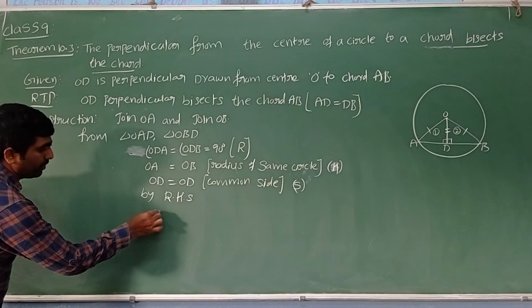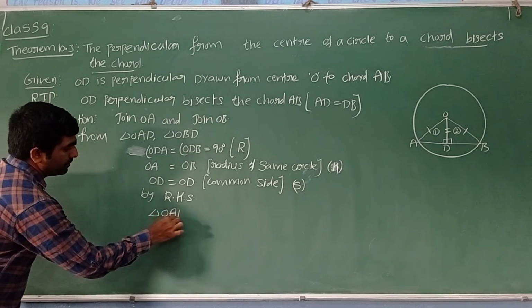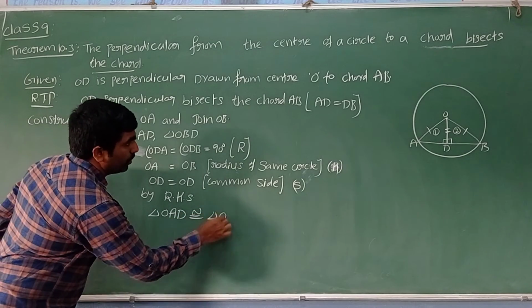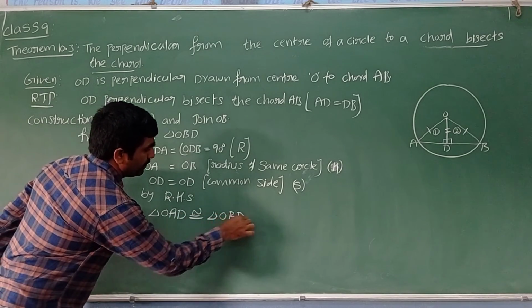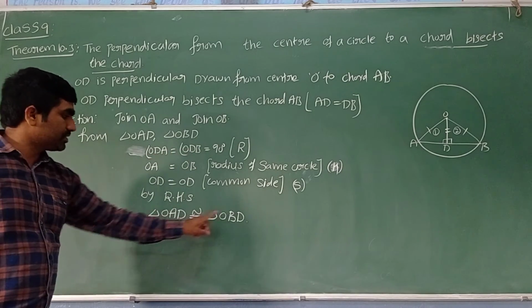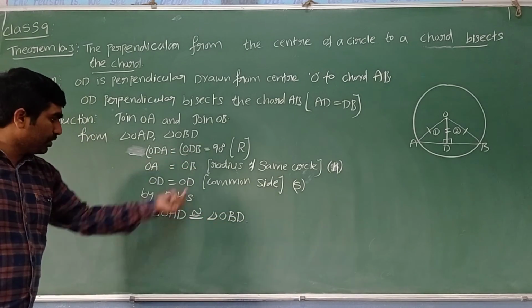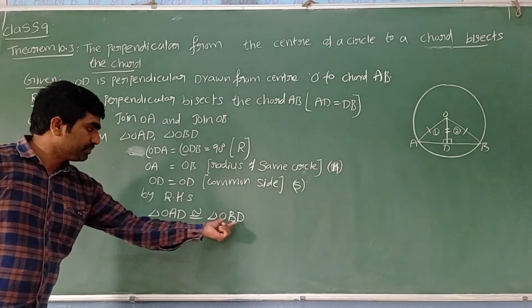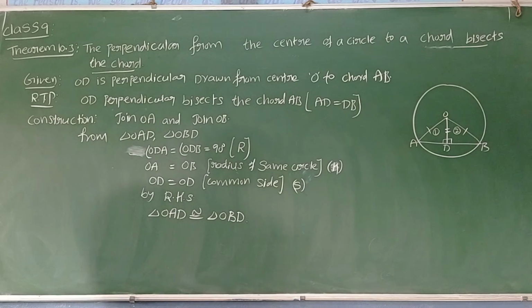Let us write it in symbolic form. Triangle OAD is congruent to triangle OBD. We'll see the equal parts: angle D, angle D; OA equals OB; OD equals OD. Symbolic form is also correct. Then we take the corresponding sides.